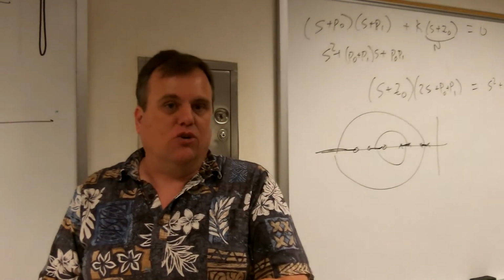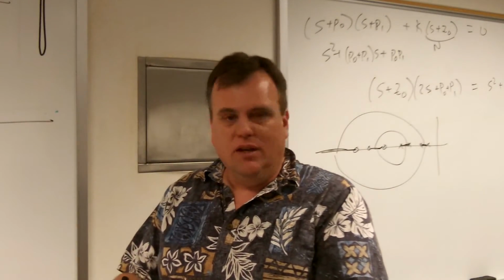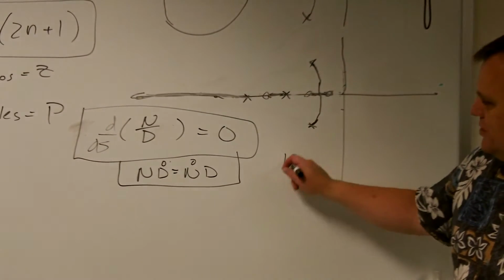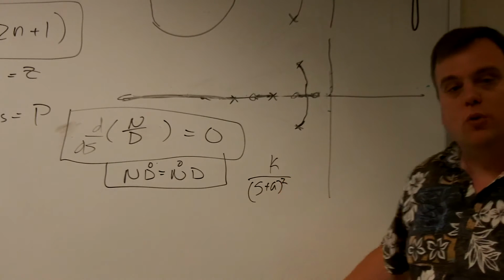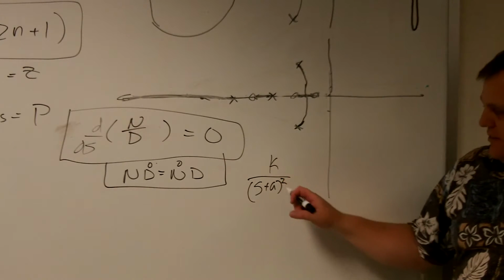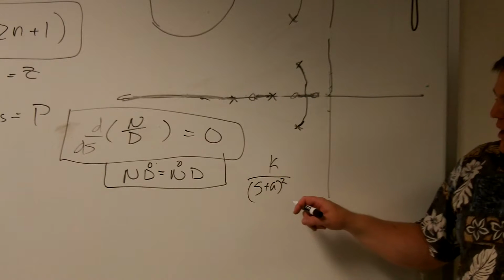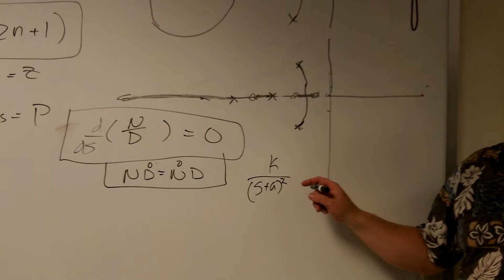That's the critically damped spot. But when you consider inversing that system, you've got something that looks like something over S plus A, whatever that root point is, squared. And the second you have that S plus A squared, you have both the behavior of S plus A and the behavior of S plus A squared.